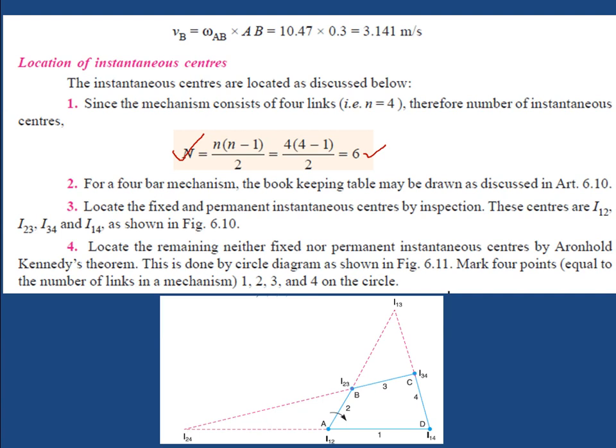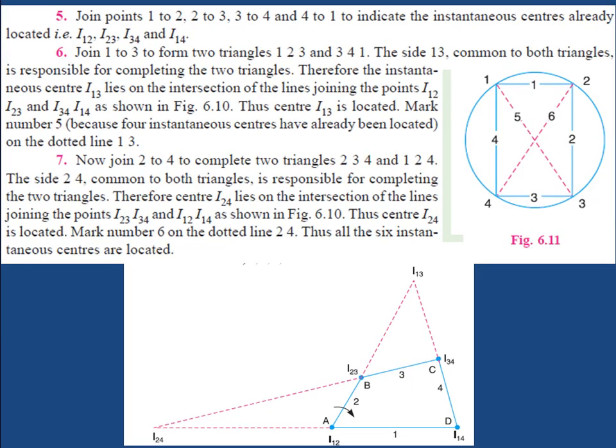Okay, so after that you can locate the instantaneous centers like this. Same method, so use this circle diagram method, and you will be getting combinations like this. So first draw this 1, 2, 3, 4, then locate the centers directly here. So I12, I14, I23 and I34 you will get directly here, and then I24 you will get here.